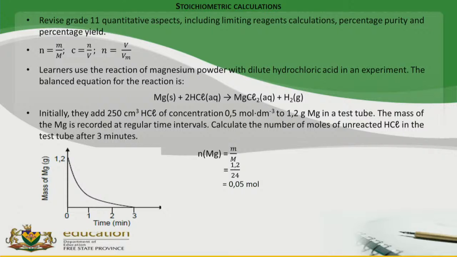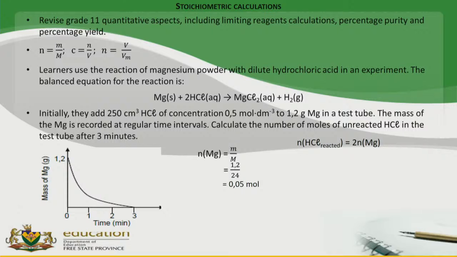Now you want to check how many moles of hydrochloric acid the 0.05 moles of magnesium will react with. Use your balanced equation. In your balanced equation, if you have 1 mole of magnesium, then 2 moles of hydrochloric acid react. What does that mean? It means the moles of hydrochloric acid that react is twice the moles of magnesium.